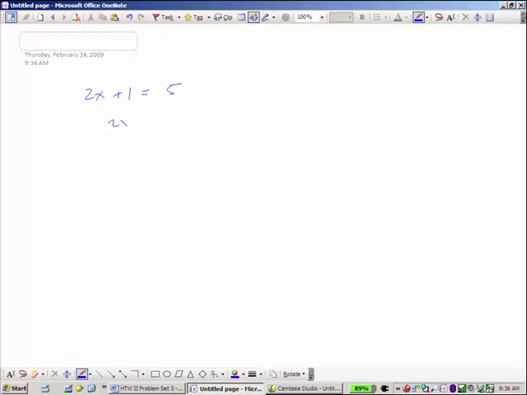Algebra. Sorry. When you subtract 1 from both sides, you're actually doing a proof.